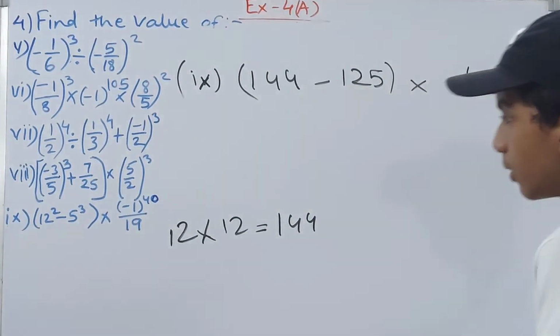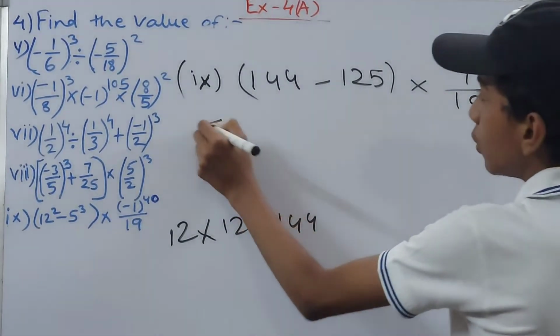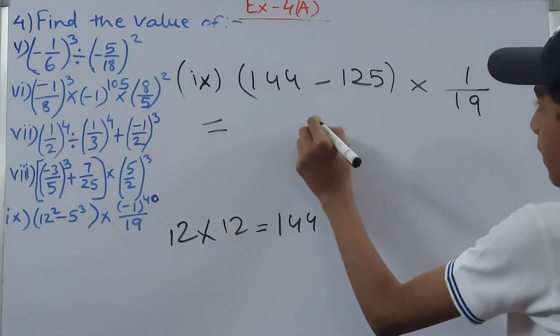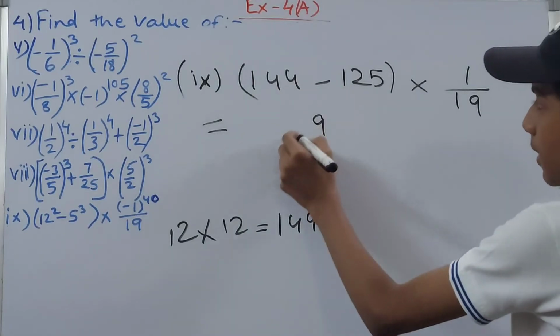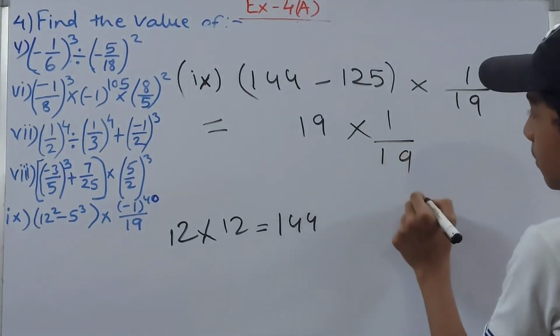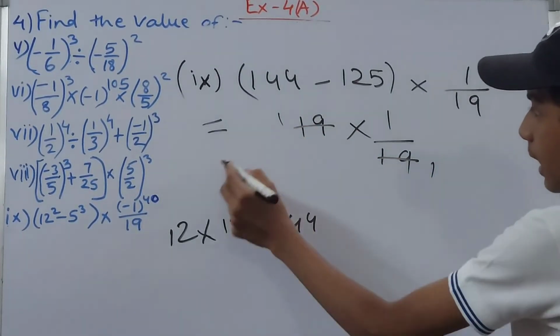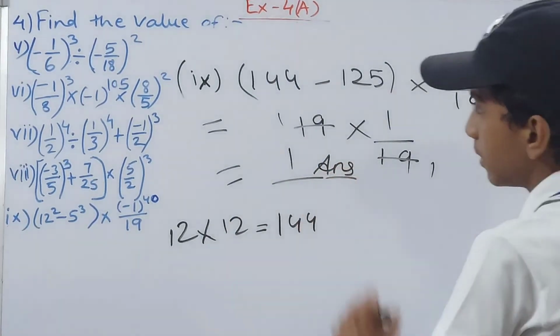So 1 upon 19 will be as it is. So how much will we have here? 144 minus 125, that is 19, and 19 into 1 upon 19. So I can cancel this, and I'll have 1 here. So this becomes my answer.